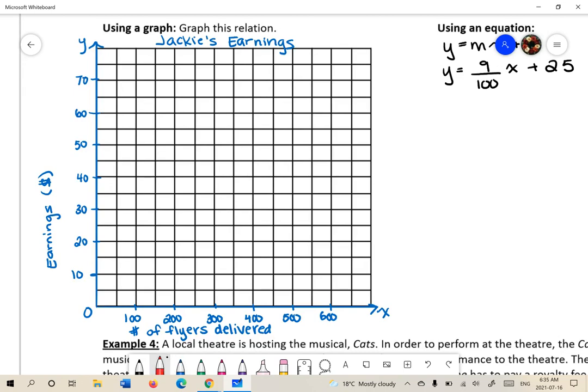Using the table of values, I'm going to plot my points. 0, 25, 100, 34, 200, 43, 300, 52, 400, 61.